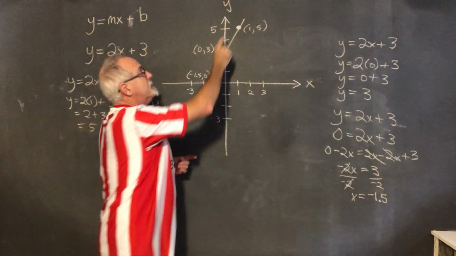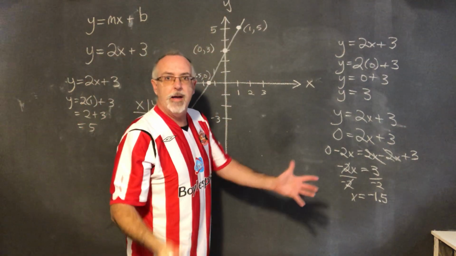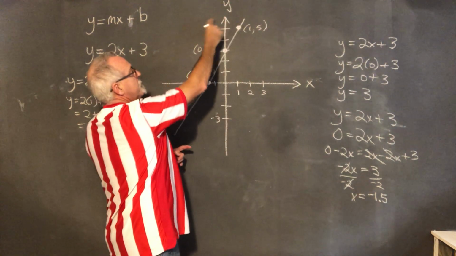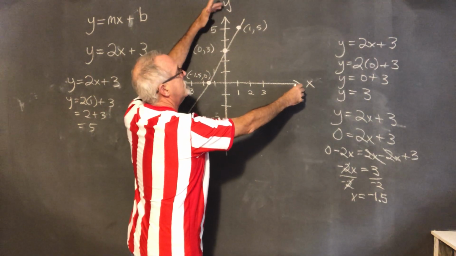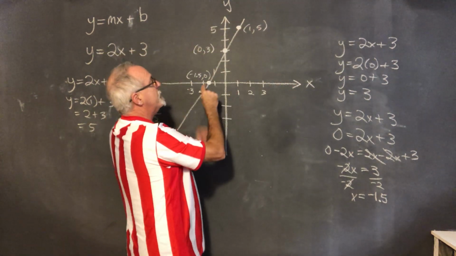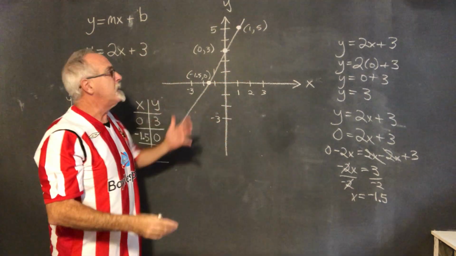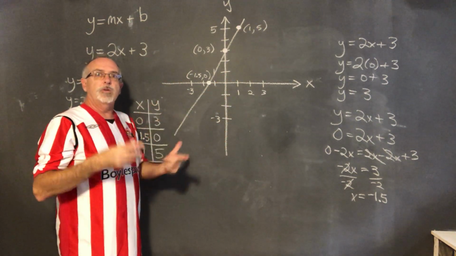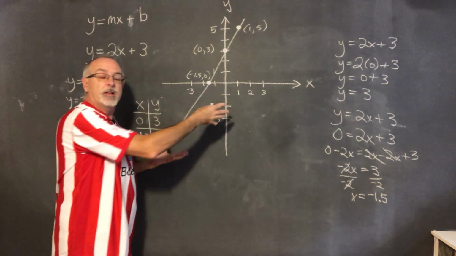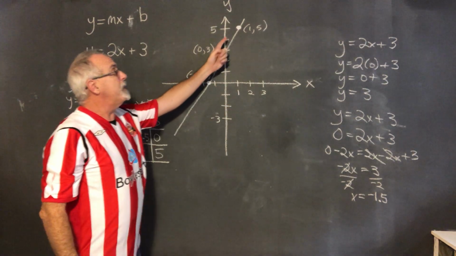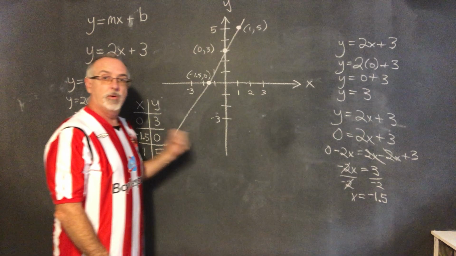You don't necessarily have to continue it all the way to the end of the page that you're working on. But if you made your graph this big, the x and y axes this big, then I like to say draw the line at least to the end where you showed your axes. Because that helps the student prove to whoever's reading the graph after that they understand that this line actually does go forever in both directions.